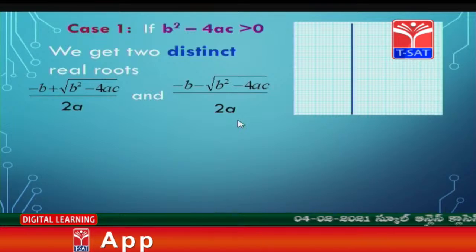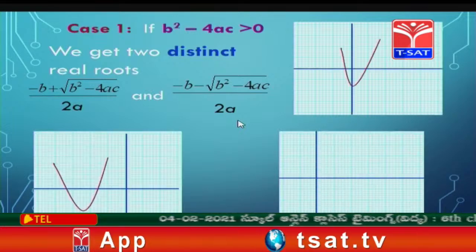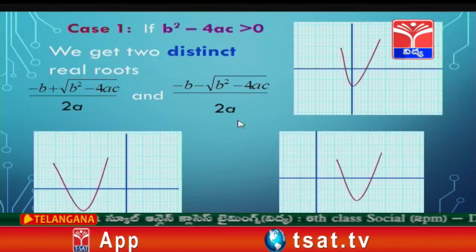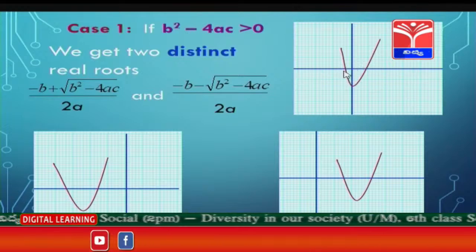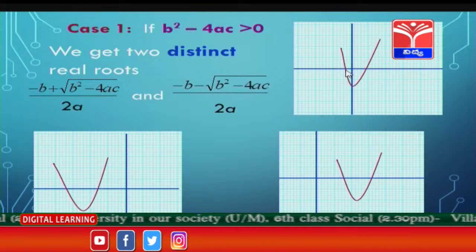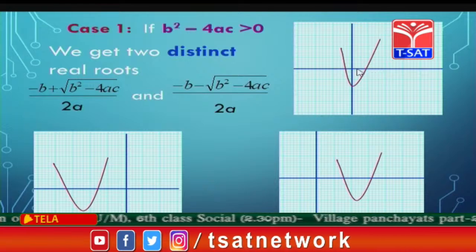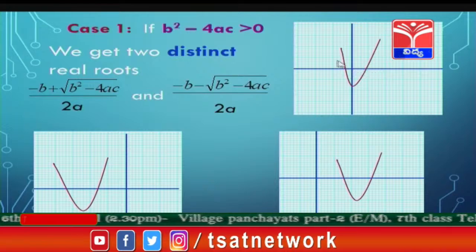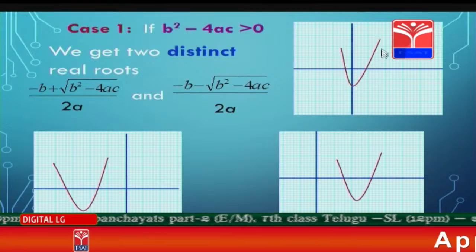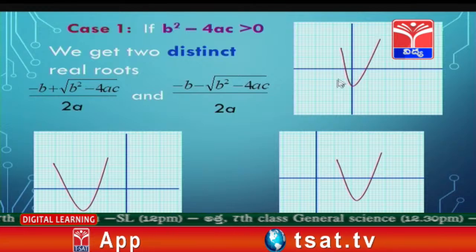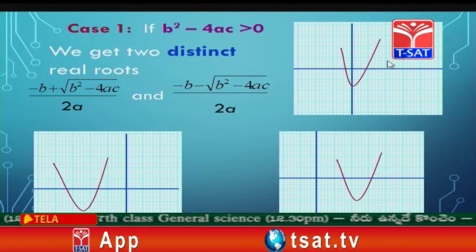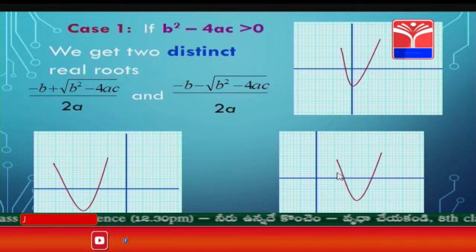And how the graphs would look like? In this manner. When you look at the graphs, you can see that the curve is intersecting the x axis at 2 points, one over here and the other point over here. So, these points where the curve is meeting the x axis are called as the roots of the quadratic equation. These could be the possible cases.